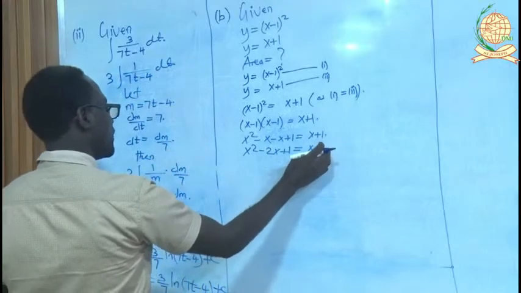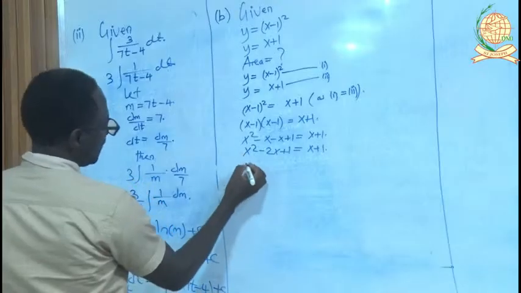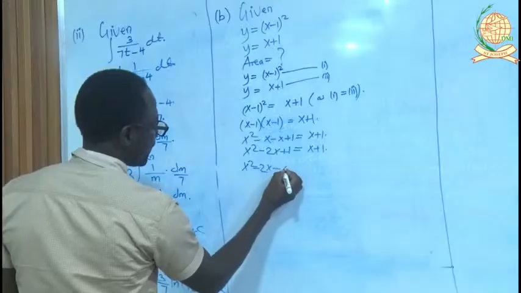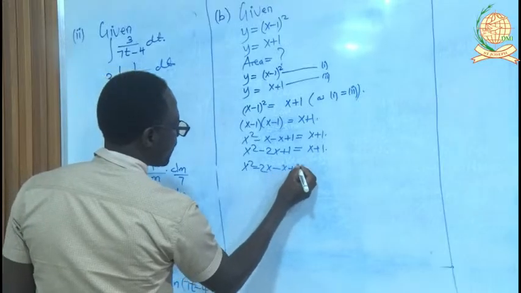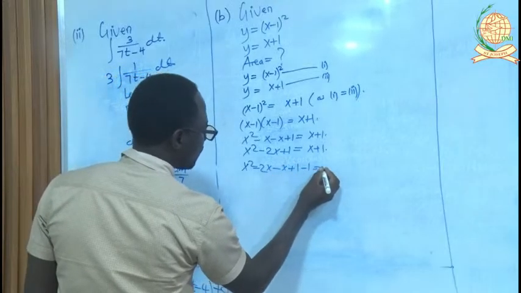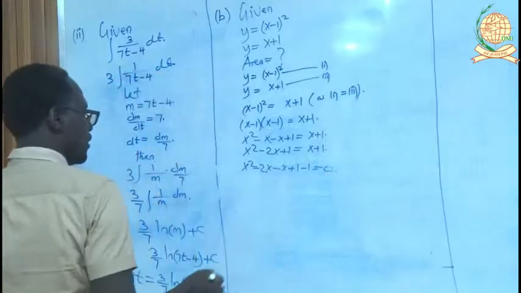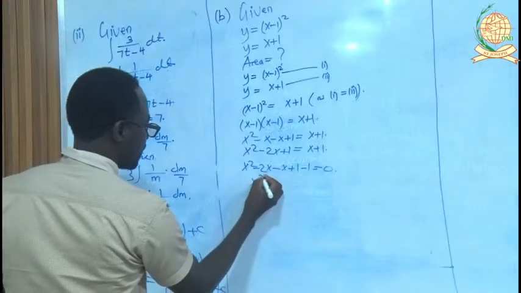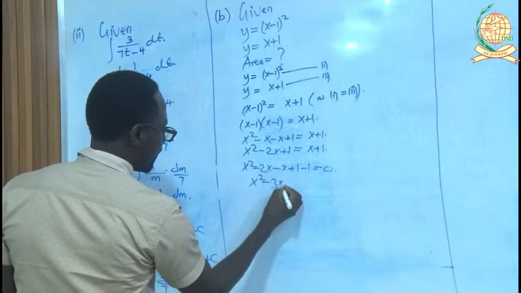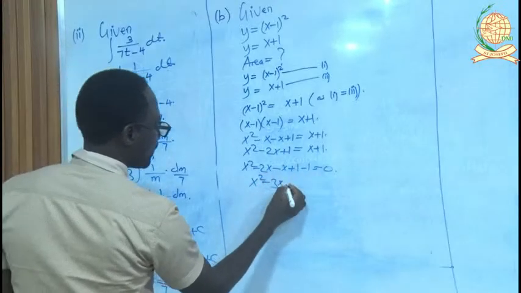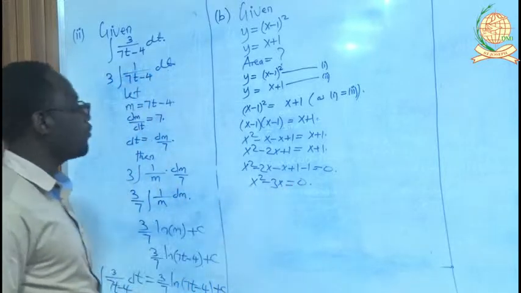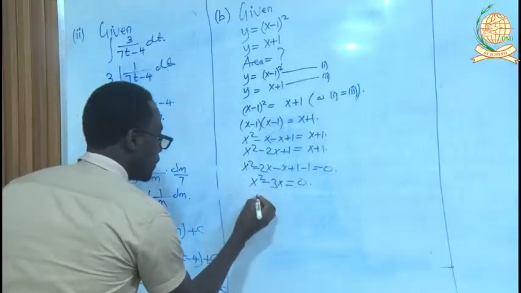Okay, take this one to this side. We are going to have x squared minus 2x minus x, then plus 1 minus 1 equals 0. Negative 2x minus x is negative 3x, 1 minus 1 is 0. Now solving for x, x is common.